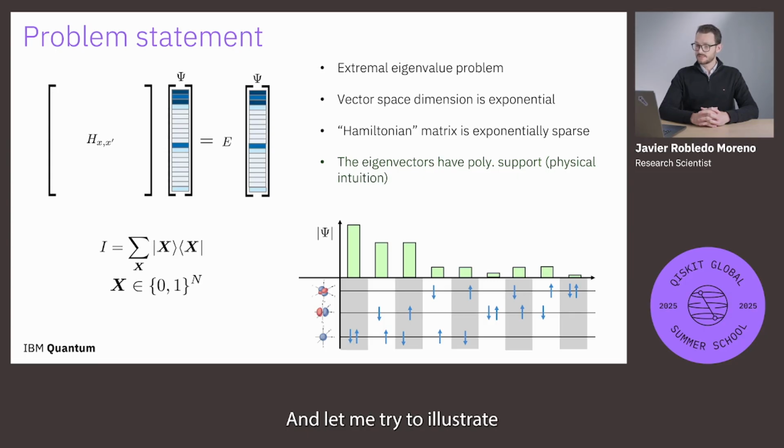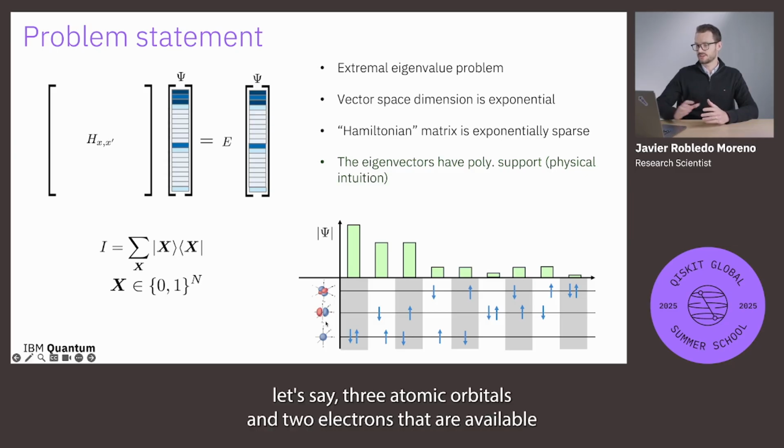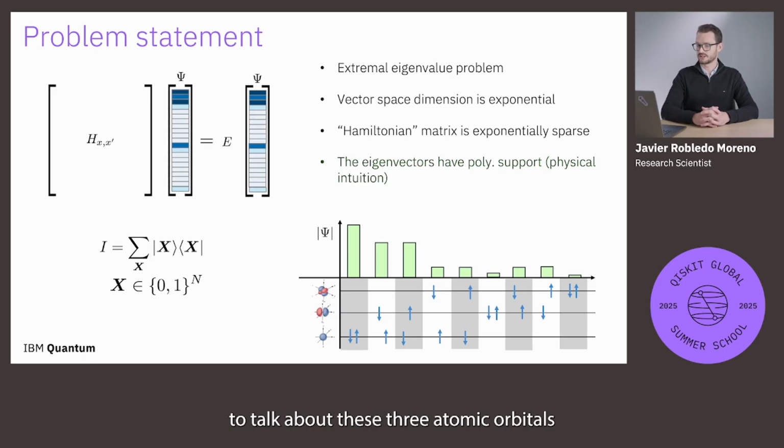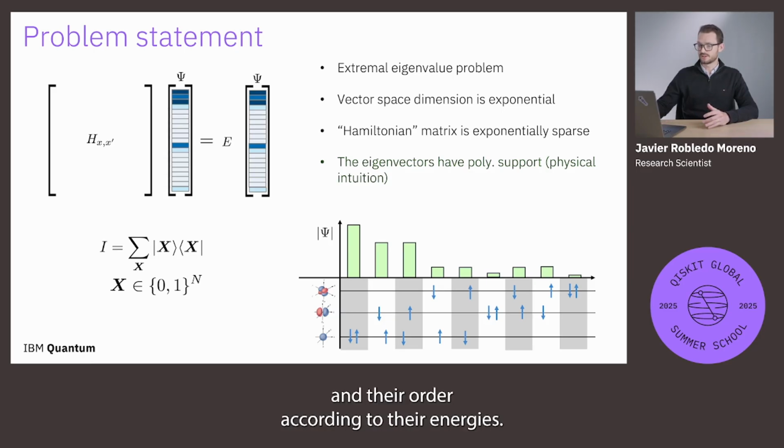And let me try to illustrate why this intuition might make sense. Let's consider a system with, say, 3 atomic orbitals and 2 electrons that are available to occupy these 3 orbitals, and they are ordered according to their energies.